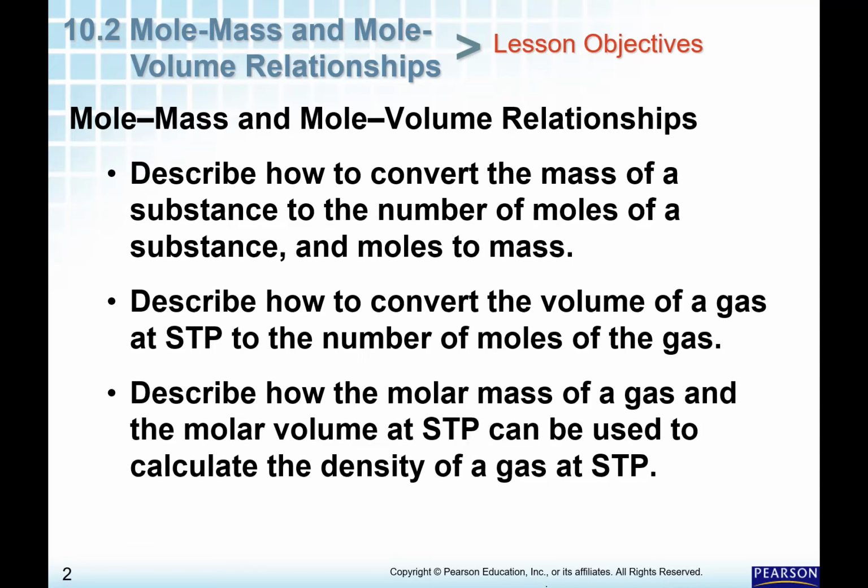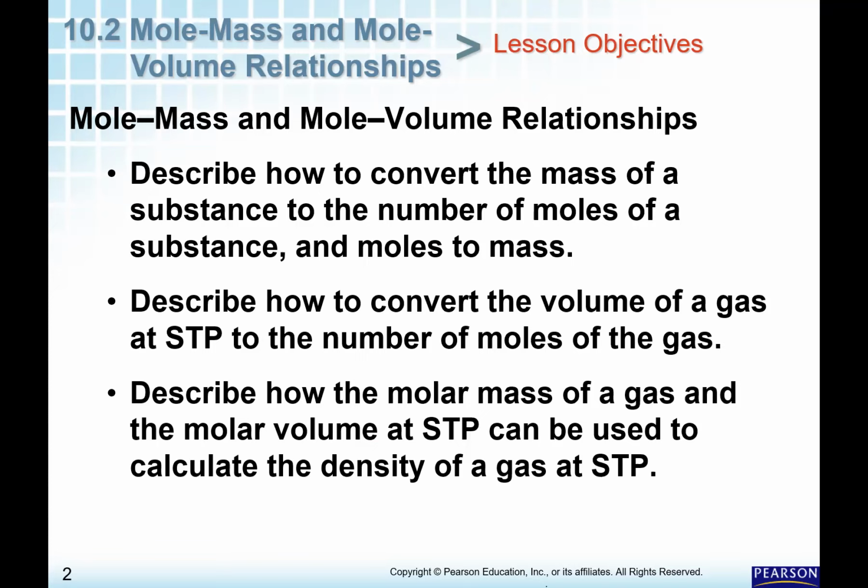Sometimes we may go into volumes if you're dealing with gases, so that's why comes objective number 2, which is how to convert the volume of a gas at STP. STP is standard temperature and pressure. We will learn today why it is at STP, because if it's not STP, then we might have some issues with that relationship.